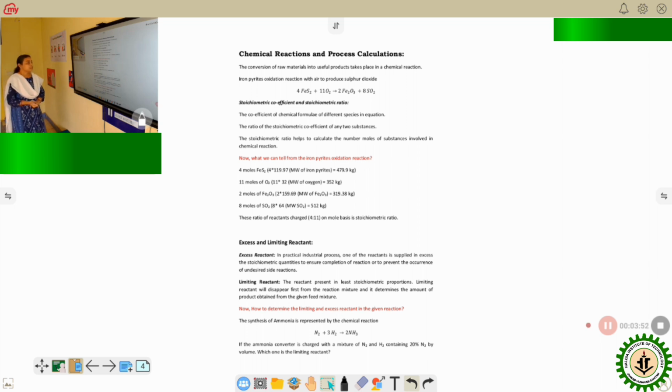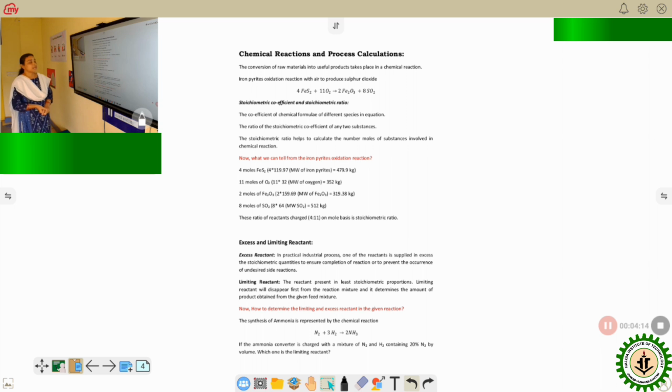Now the ratio of the reactants charged, that is the ratio of iron pyrites to oxygen, 4:11 on a mole basis, is the stoichiometric ratio of this chemical equation.